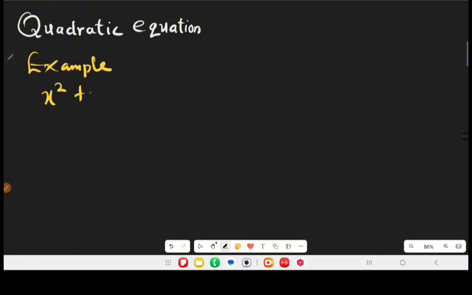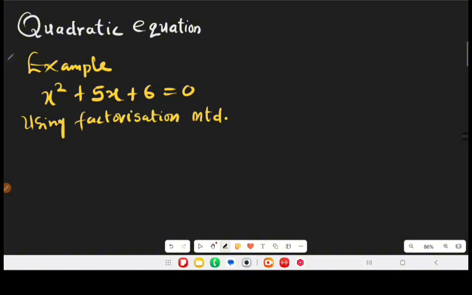For example, x squared plus 5x plus 6 equal to 0 using factorization method. Now we say solution. We have x squared plus 5x plus 6 equal to 0. In this case, we look for two numbers.